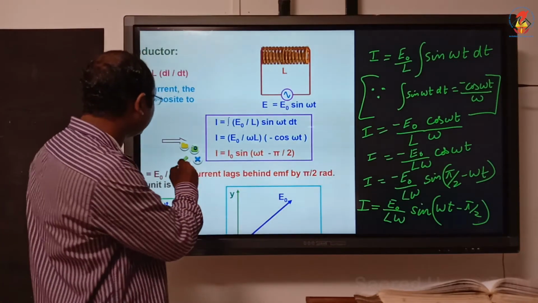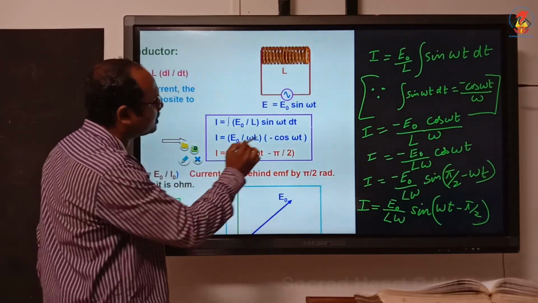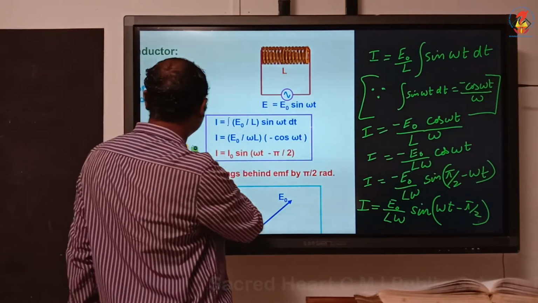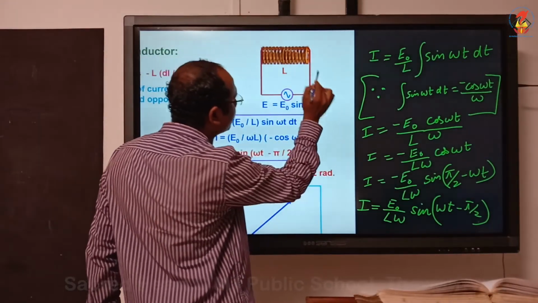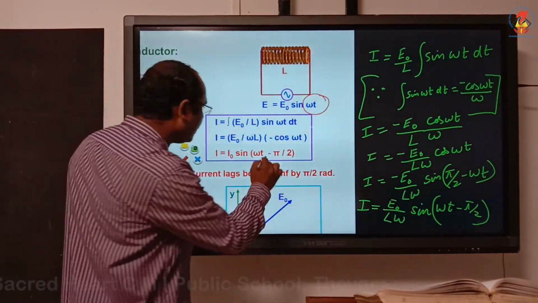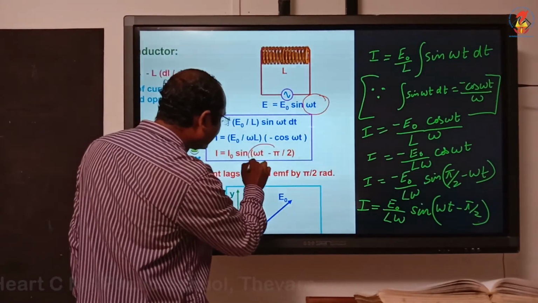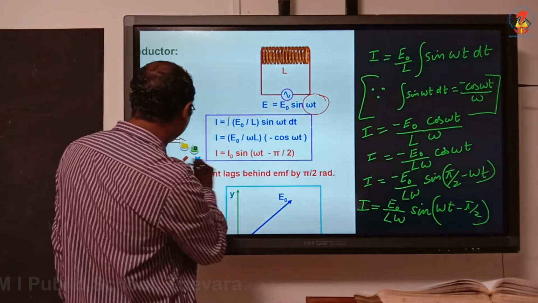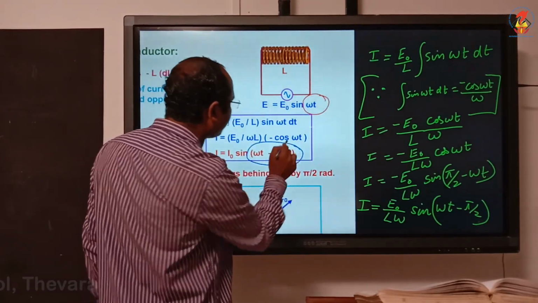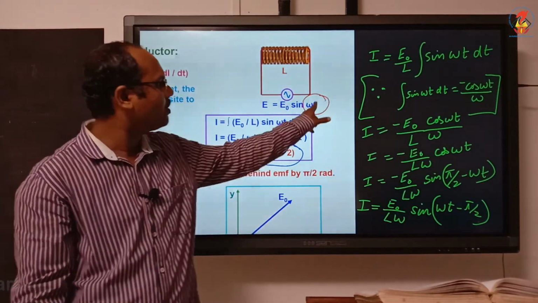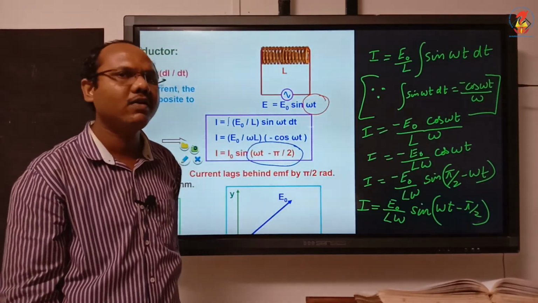Now you look at these two equations. This is E is equal to E0 sine omega t. Here I is equal to I0 sine omega t minus pi by 2. So when you compare these two, what can you understand?